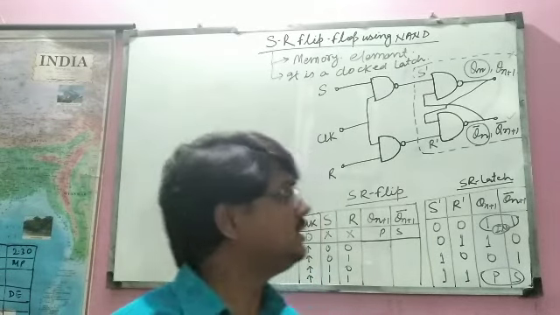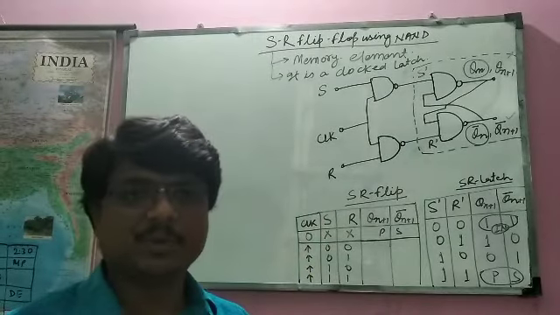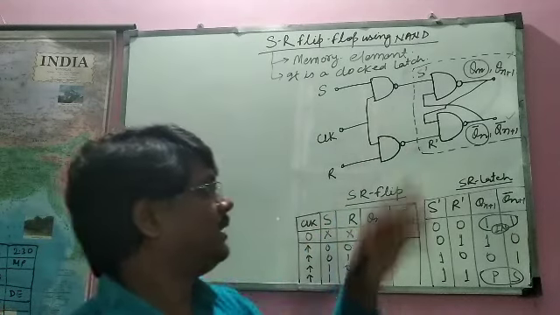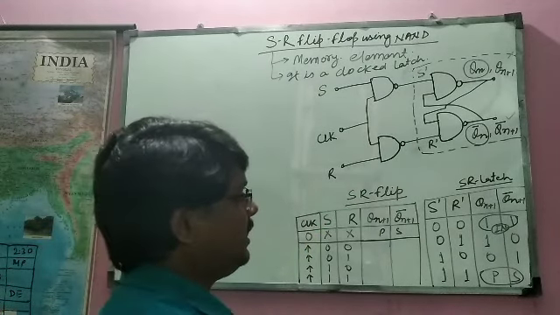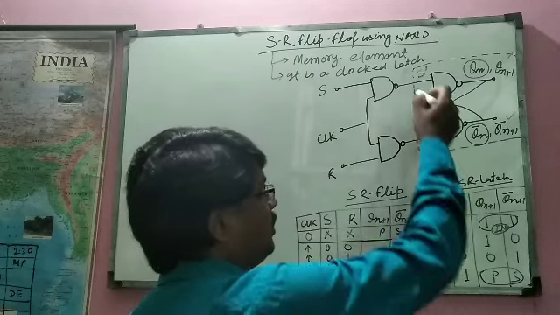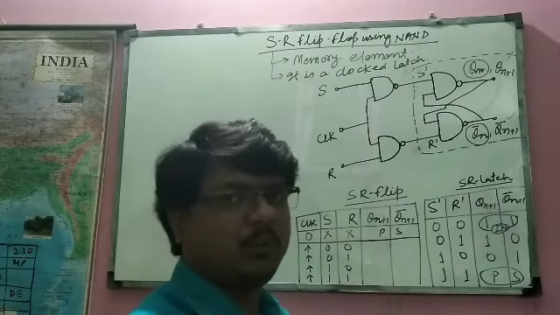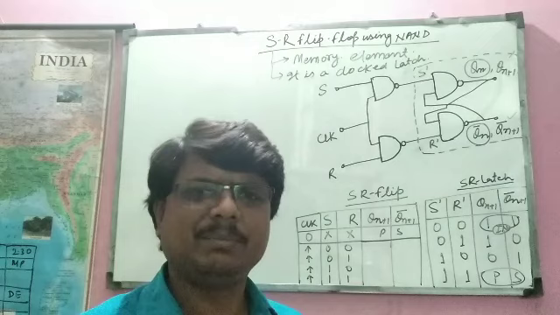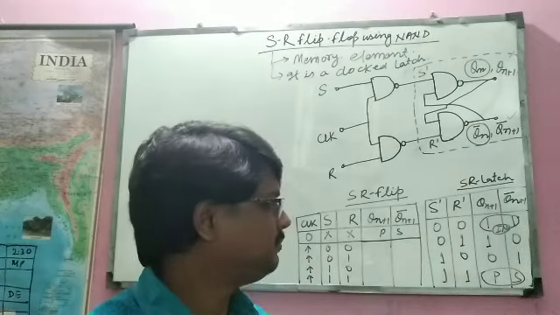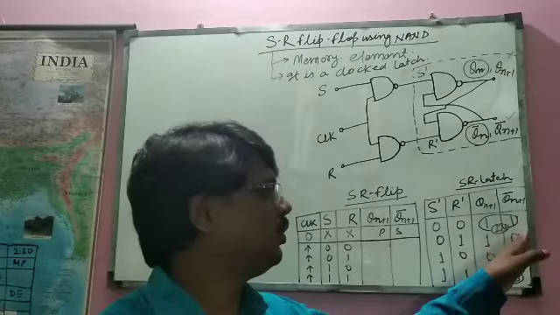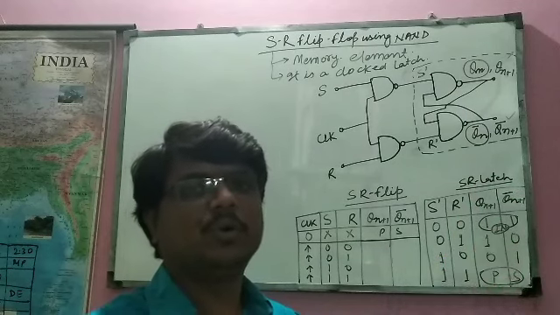So why is it necessary? This is because, let us suppose, by mistake one of the inputs has gone to 0 and one of the inputs has gone to 1, so what will happen? It will change to 0 or it will change to 1.